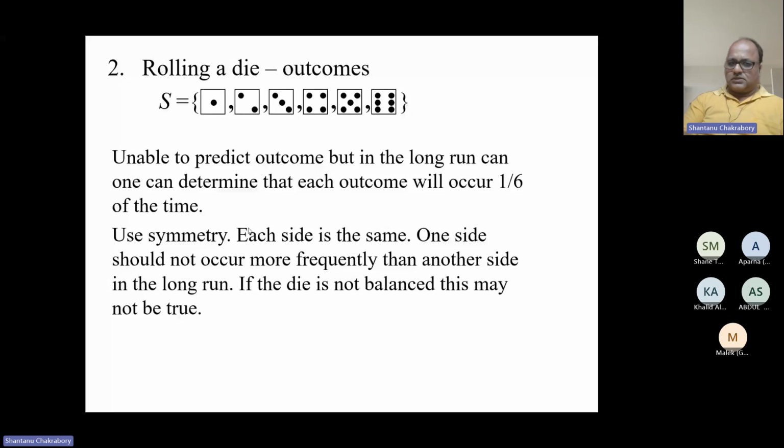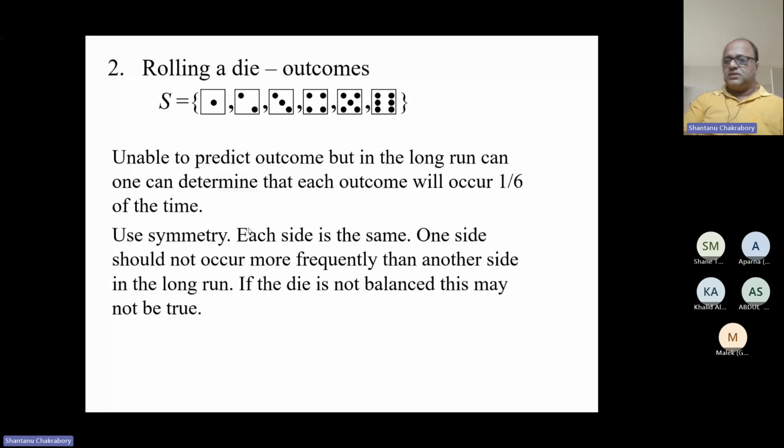Suppose you're rolling a dice. There may be chances that you may get one, or two, or three, or four, five, or six. So one can determine that each count will occur 1/6 of the time. What is the total outcome? 6 is the total outcome.